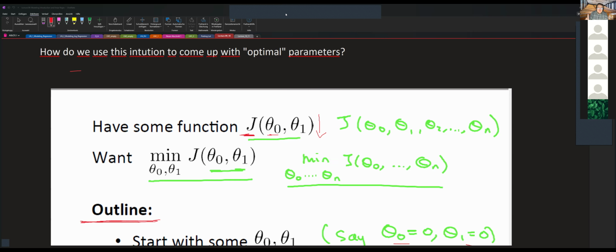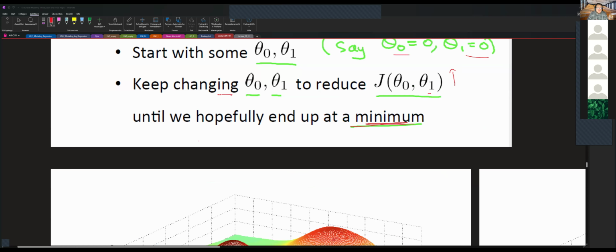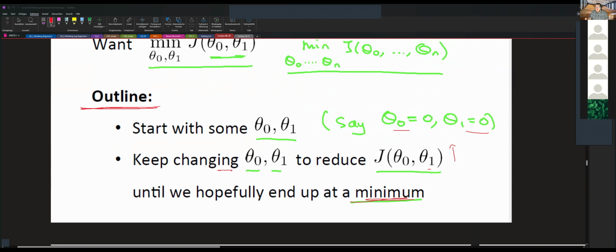But yes, a valid question: how to change theta, how to change the parameter. The only thing we've said so far is that we keep changing them, but how? What you are asking is which direction, as we even saw in the comment: do we need to reduce the theta values or make them larger? This is the burning question.